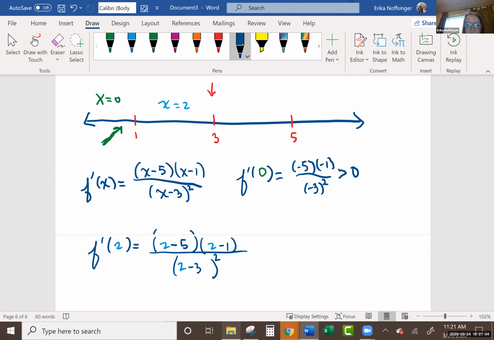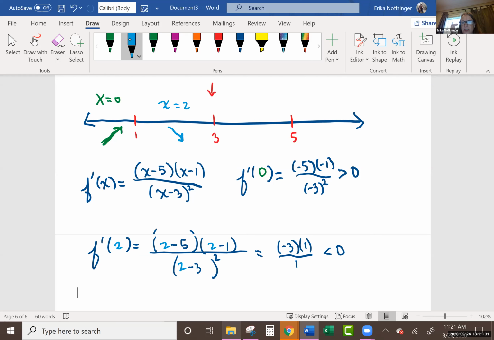So if we do that, 2 minus 5 is -3, all times 2 minus 1, which is 1, all over -1 quantity squared, which is 1. So that's equal to -3, which is less than 0. That tells me my graph is decreasing between 1 and 3.